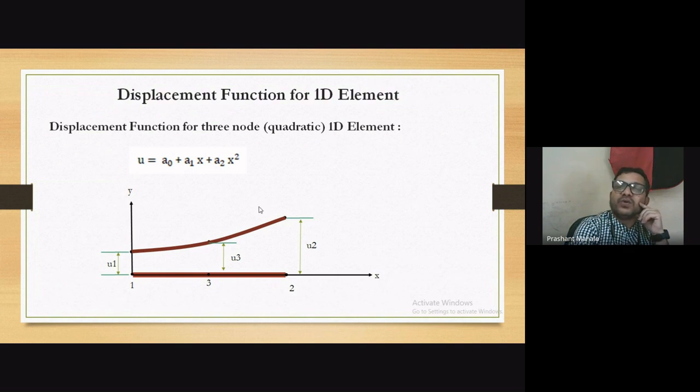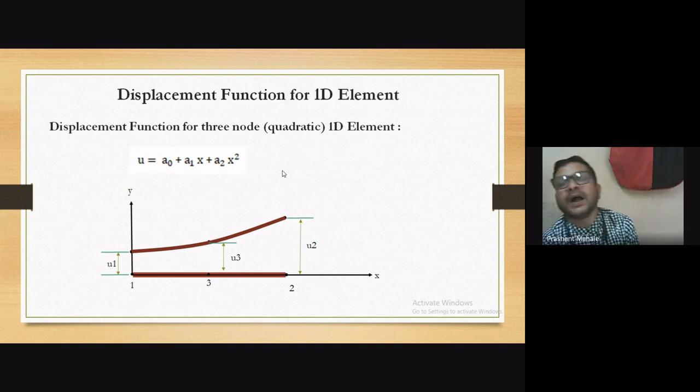And if it is a three-node element, then the polynomial equation changes to a0 plus a1x plus a2x square, and the displacement will be of three nodes, because we are going to consider three nodes instead of two. So these two diagrams, the two-node and three-node 1D elements, represent elements of the same body, but in the first case you get two displacements at the two ends and in between you have a straight line motion, whereas here you have a curve.